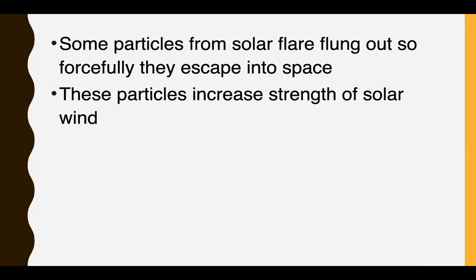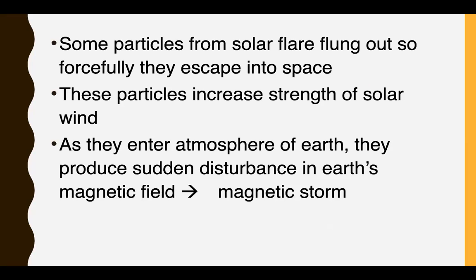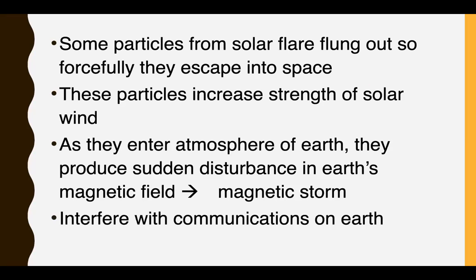Okay, so when you have a strong flare, sometimes you can have particles that actually escape into space. And that, like I said, increases the strength of solar wind. And sometimes they can cause what's called a magnetic storm on Earth if they come into contact with our magnetic field. And that interferes with our communications because we rely so much on satellites, not only for our cell phones and our TVs.